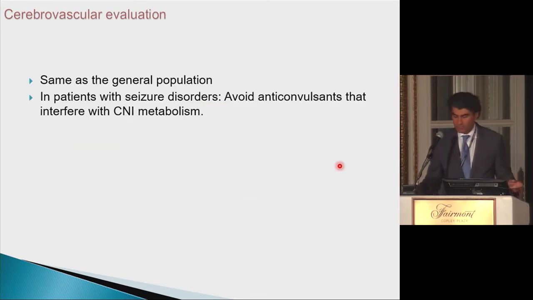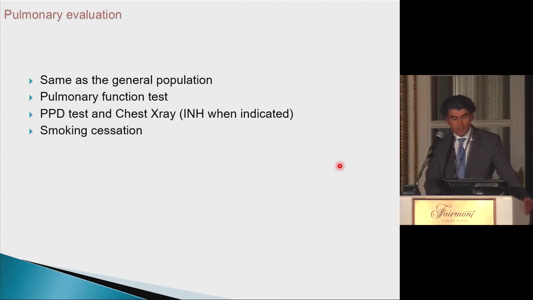So for cerebrovascular evaluation, it's mainly the same as the general population. In patients with seizure disorders, usually we try to send them to our neurologist to try to take them off any medication that can interact with CNIs. The same for pulmonary evaluation, the workup is the same as the general population.